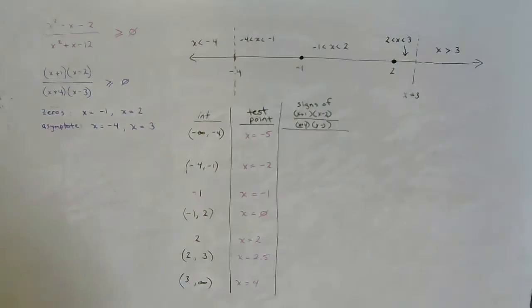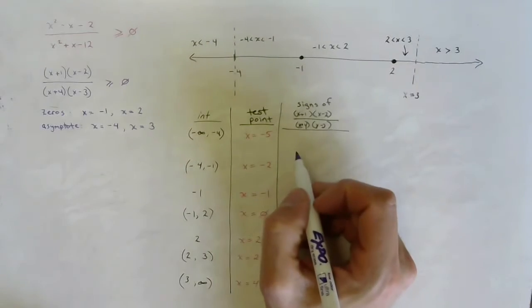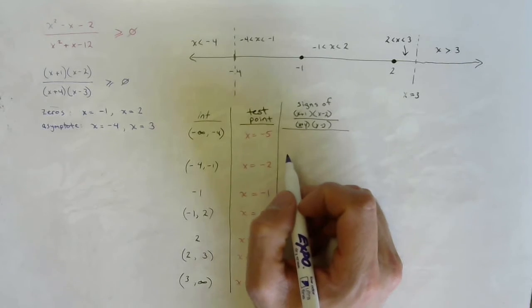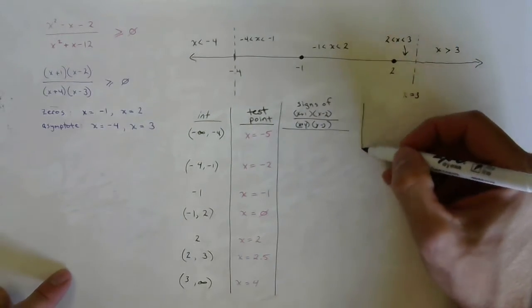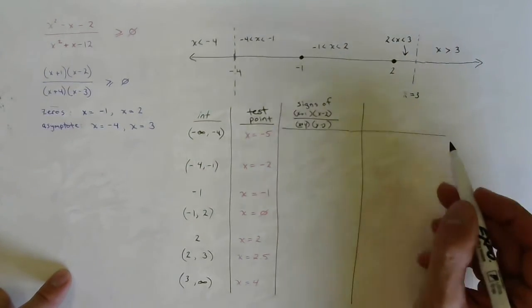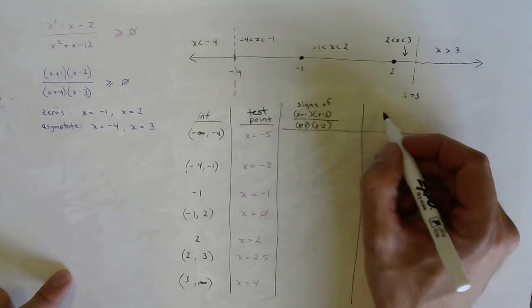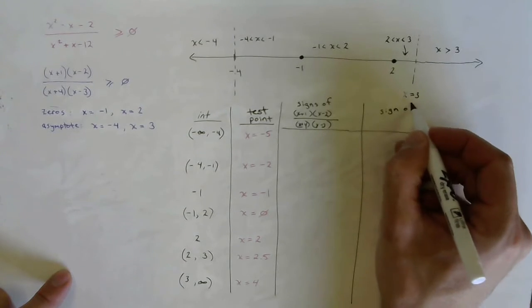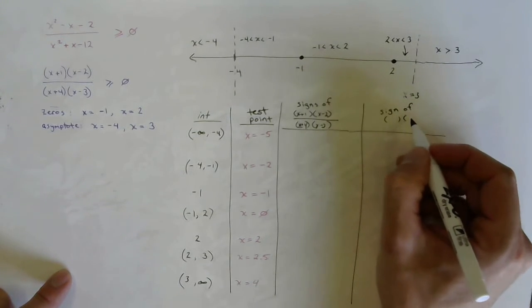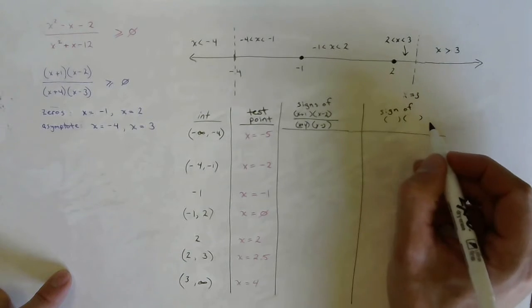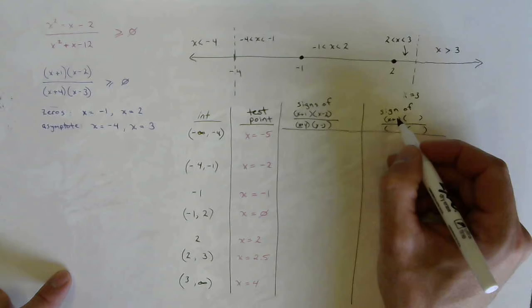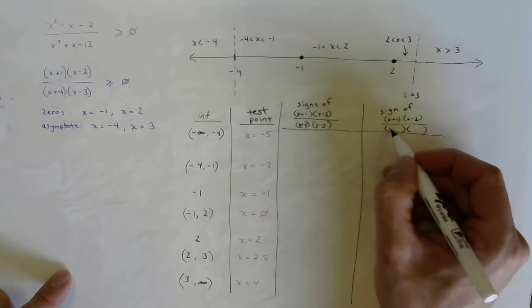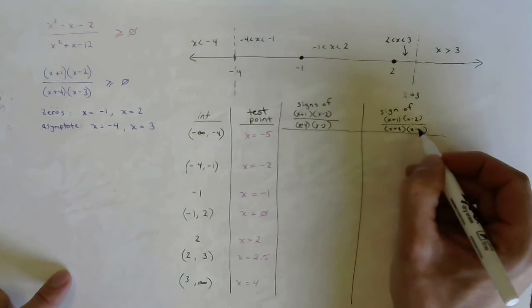So basically when we put in our test value, what happens to each of these factors? And then in our last column, we're basically just going to count the negative factors and see if the overall expression, x plus 1, x minus 2 over x plus 4, x minus 3, is positive or negative.